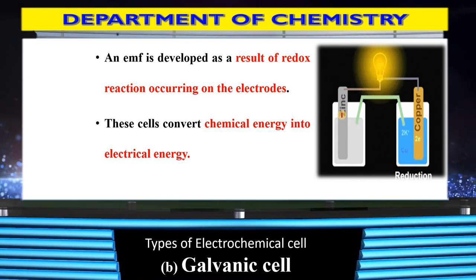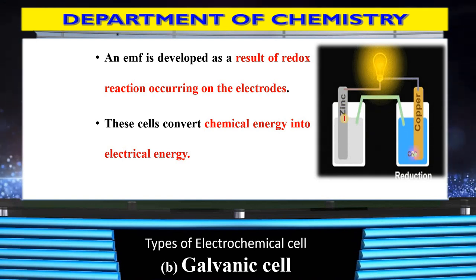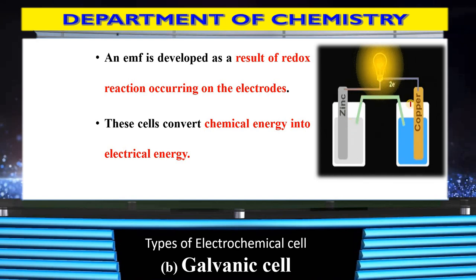Because the zinc electrode, or zinc rod, removes electrons, and due to the zinc sulfate solution, zinc is able to donate two electrons towards the copper electrode, and therefore we say chemical energy is converted into electrical energy.